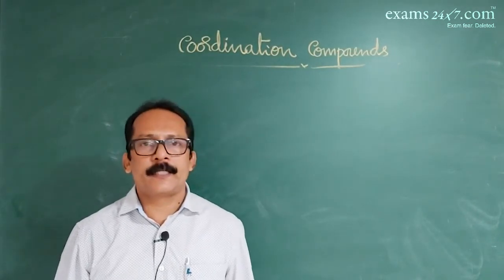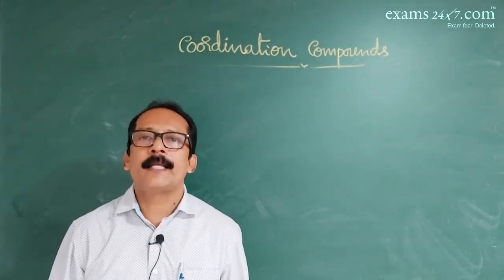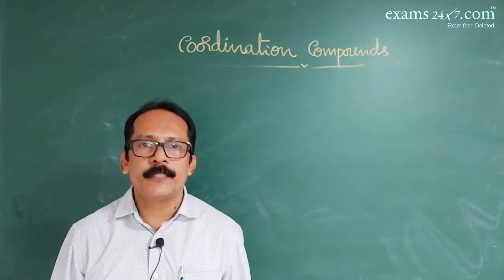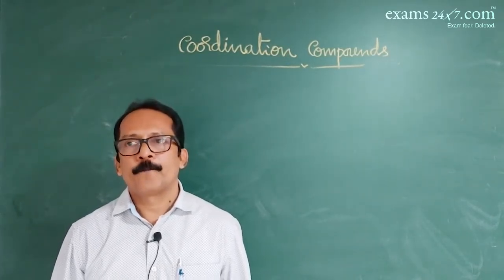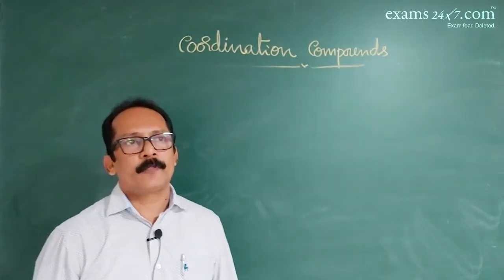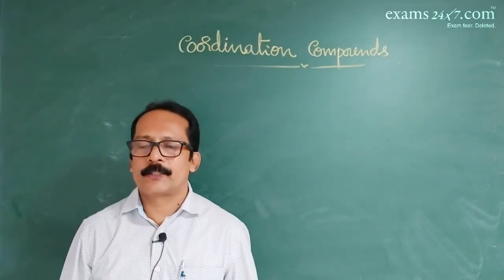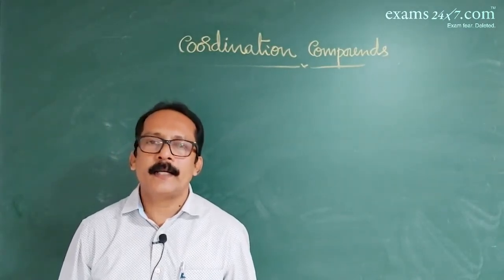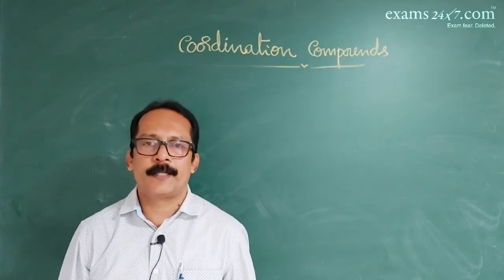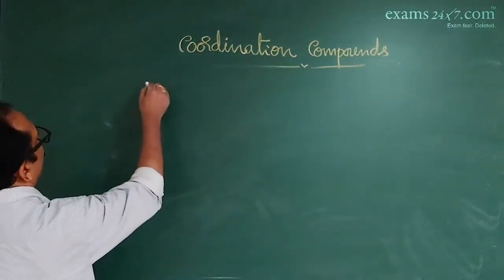From the higher energy state, it splits into two types of energy level, that is T2G and EG. If there are 6 ligands, that kind of splitting is called octahedral splitting. If there are 4 ligands, that's called tetrahedral splitting. Now, first we will move on to octahedral splitting.